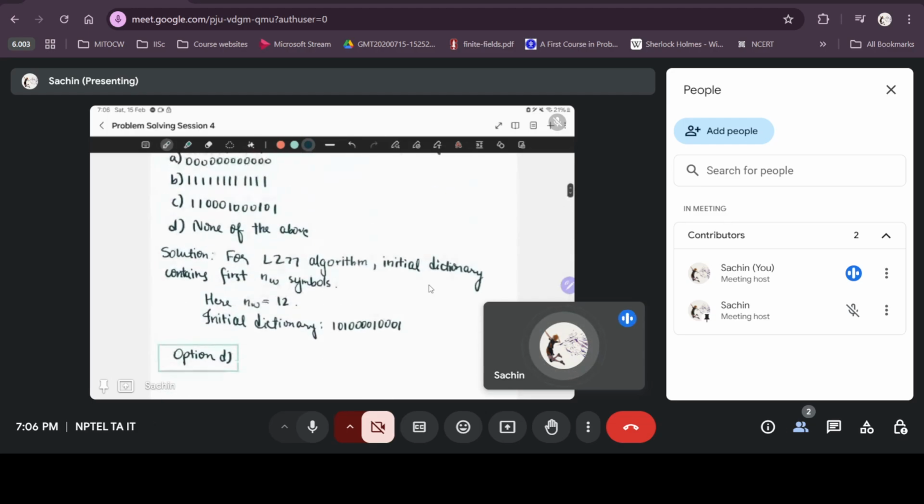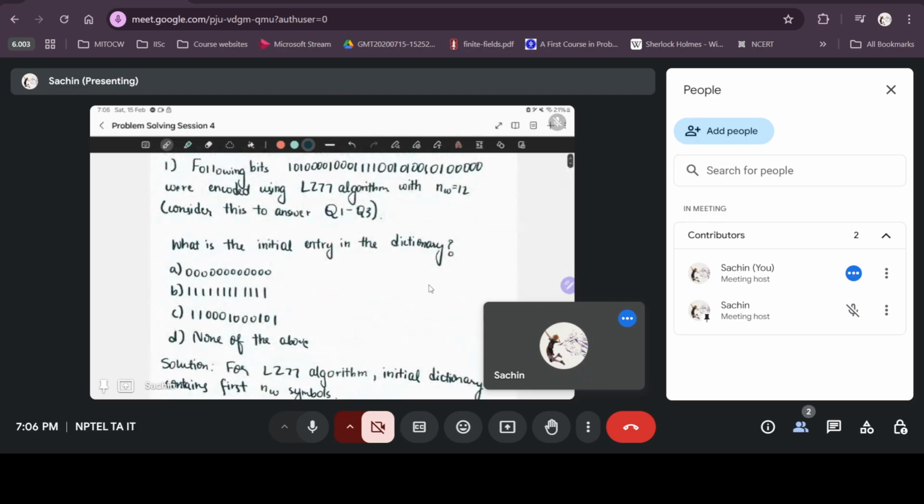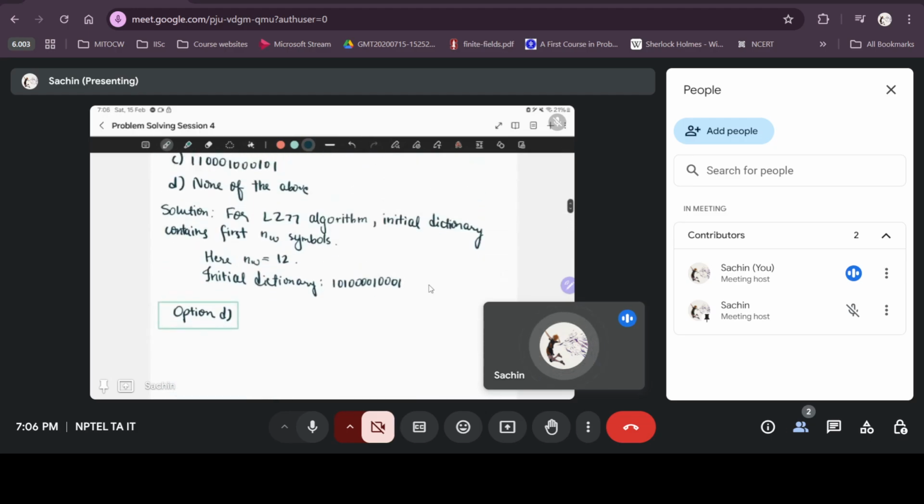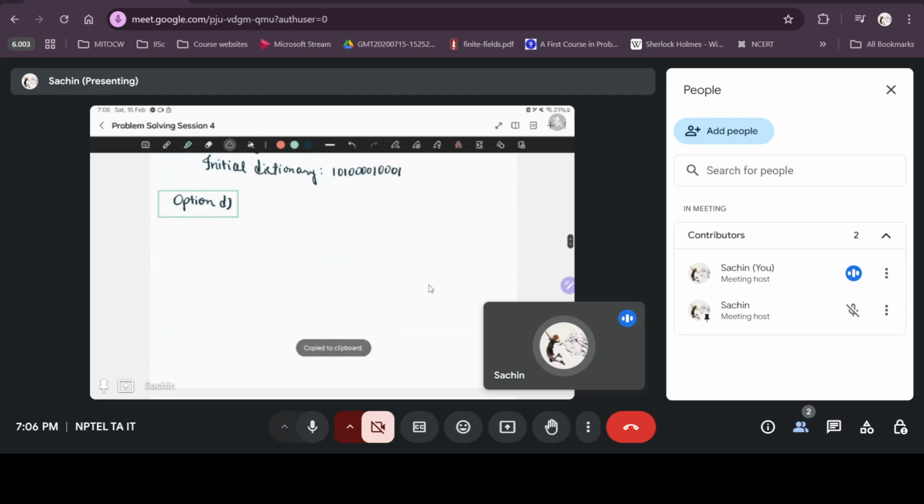So in the LZ77 algorithm, the initial entry in the dictionary is the first NW bits in the sequence to be encoded. And the first code word is also the first NW bits in the sequence to be encoded, so it is equal to the initial dictionary entry. So the first code word is again 1010 0001 0001.